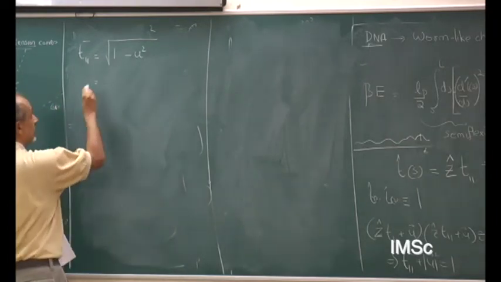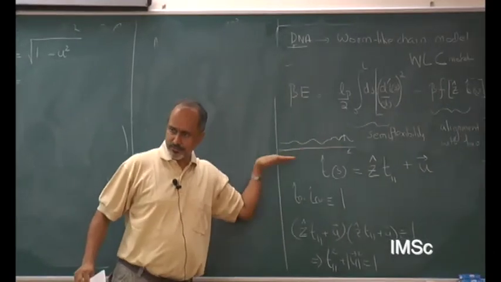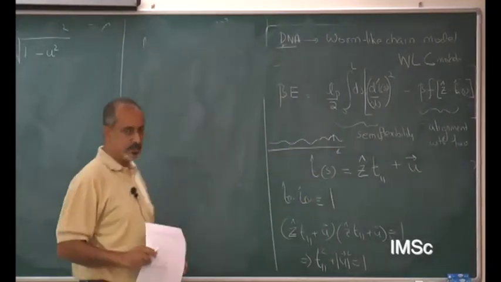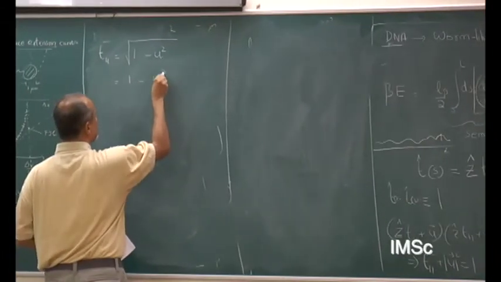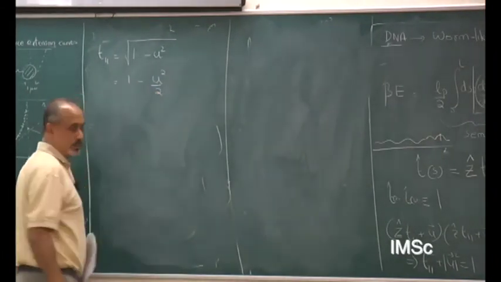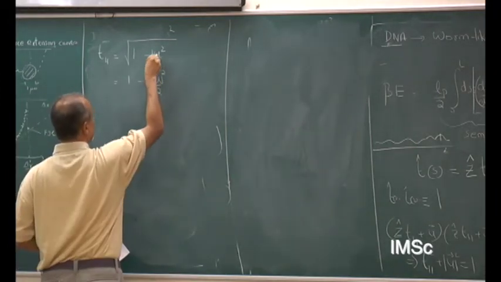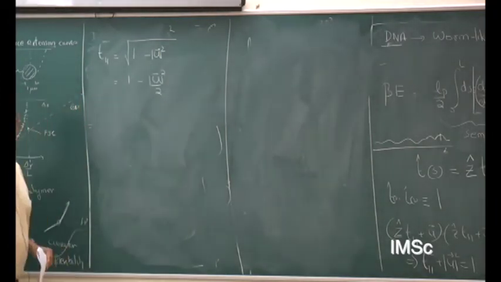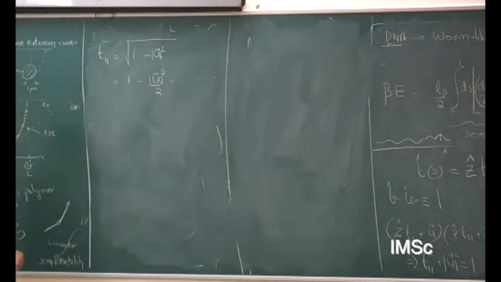And if u is small, because it's mainly pointing along z, T parallel is close to 1. So u can be assumed to be small. This is 1 minus u squared divided by 2, technically speaking, mod u squared divided by 2 and higher order terms. Okay?